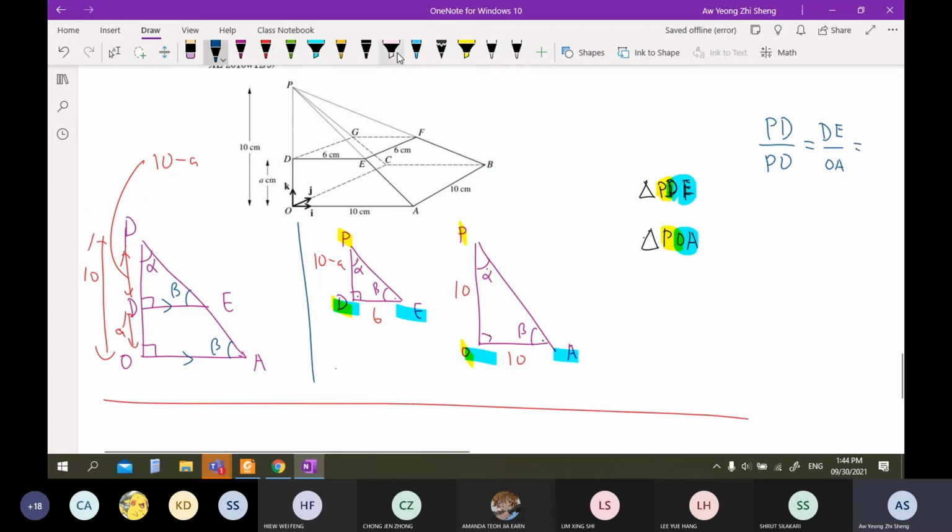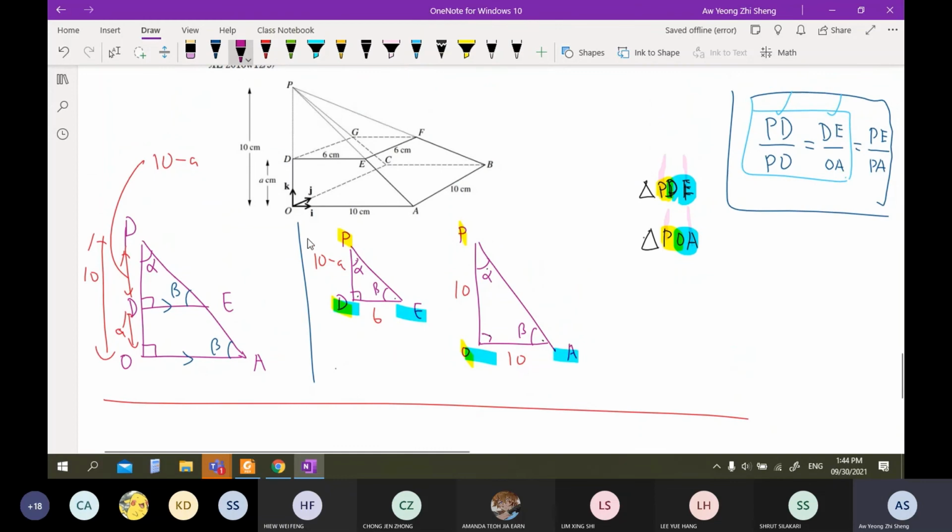And if you take the first and third letter, PE and PA, you will have this equality. Which pair of fractions you want to use for your computation depends on which pair is available in the question. We have PD and DE available, so obviously we will use the first two.